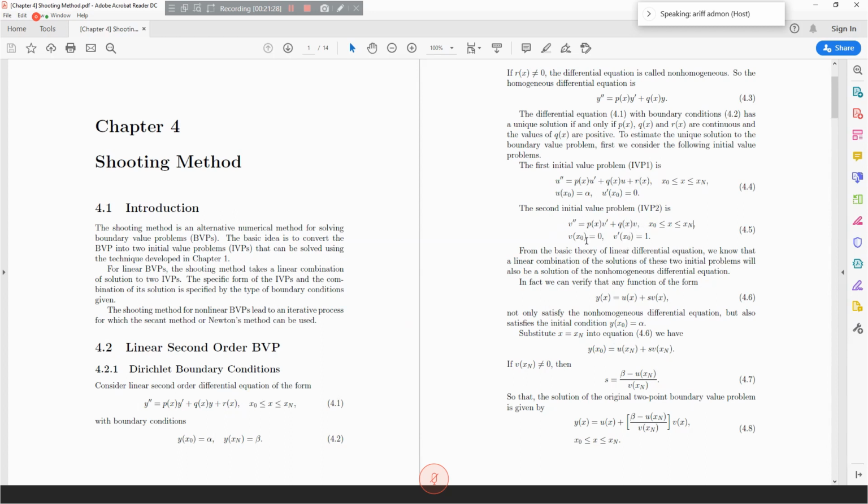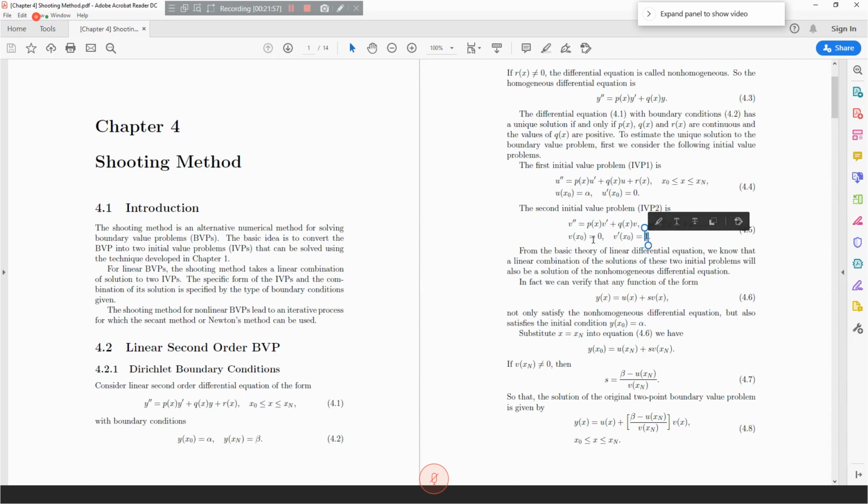Then, similar to IVP1, this is an initial value problem. You need two conditions because of second order, with respect to just one value x naught. So v of x naught equals 0, v prime of x naught equals 1. Once again, 0 and 1 are fixed values. v of x naught must be 0, v prime of x naught must be 1.